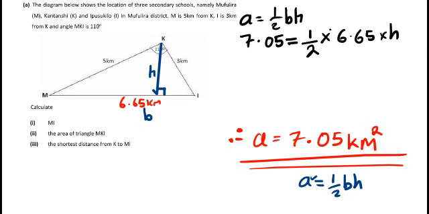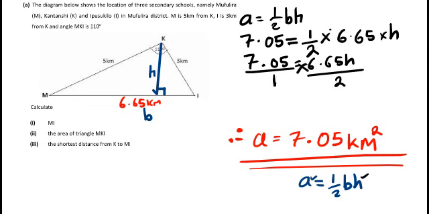You make h the subject, which simply means that you're going to have 7.05 equal to 1 times 6.65 times h to be 6.65 h over 2. Here we are having a 1 and then you cross multiply because there is an equal sign. So you just say 6.65 h equal to 2 multiplied by 7.05.